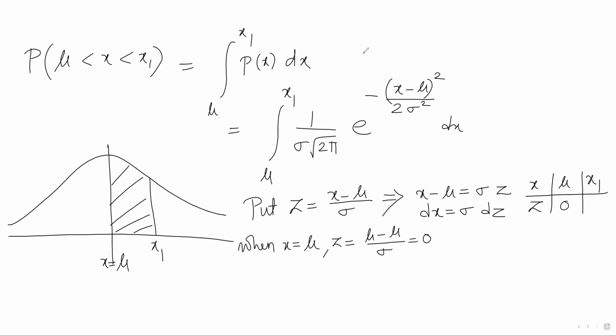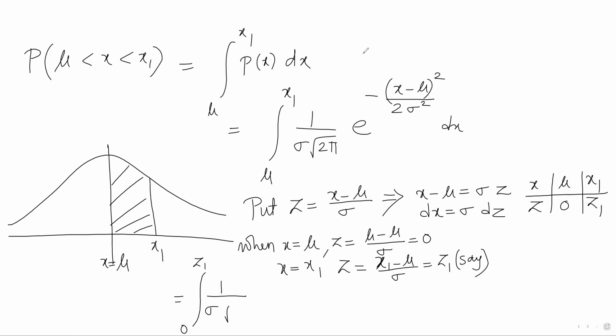And at x is equal to, say, x1, this limit will get changed, and the limit can be written as: mu now becomes 0, and at x1 we'll call it z1. The exponent has ((x minus mu) by sigma) whole square in the power, so it is like minus z square by 2.